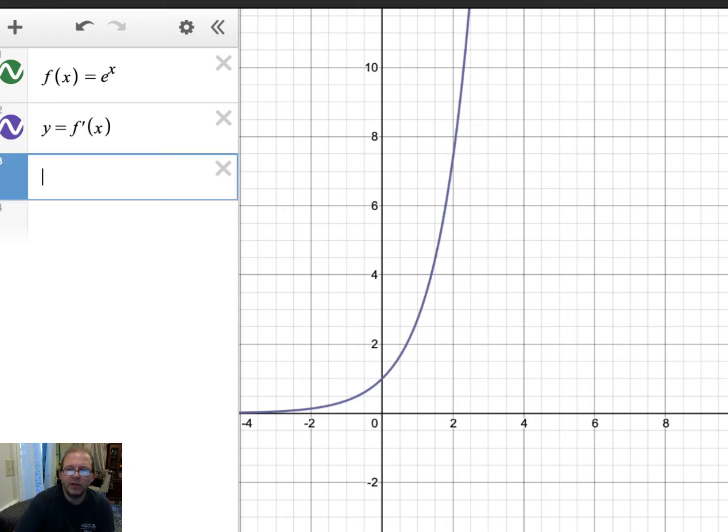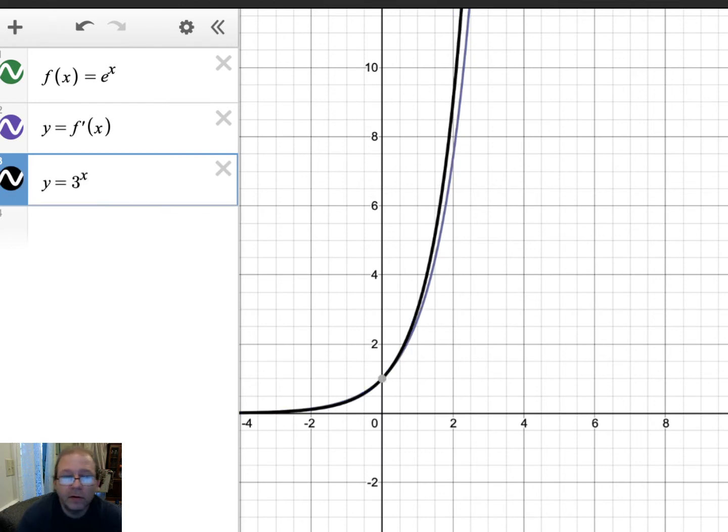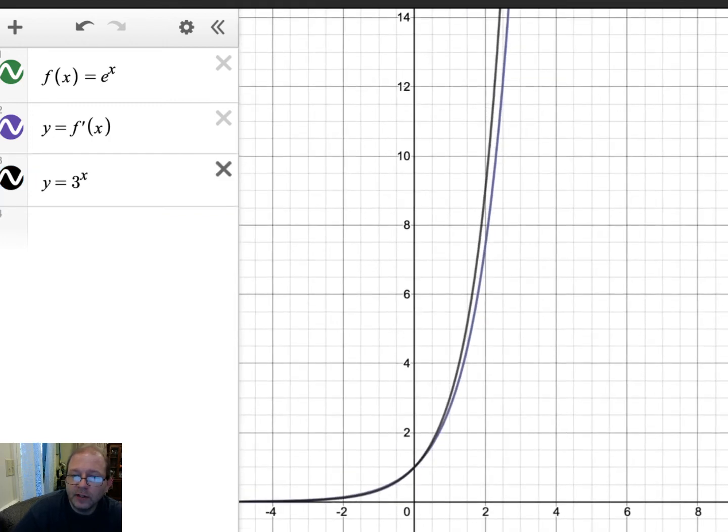If we put in something other than e to the x, like y equals, remember e is 2.71828, etc. If I put in y equals 3 to the x, notice that grows a little faster than e to the x. And its derivative is steeper.